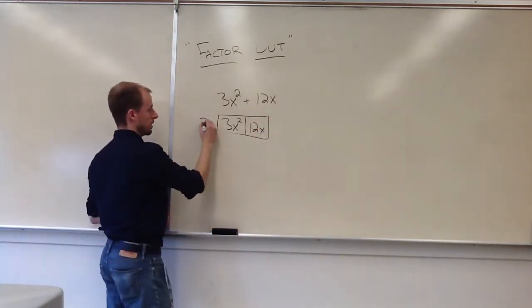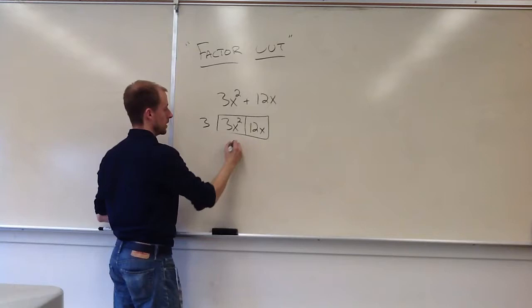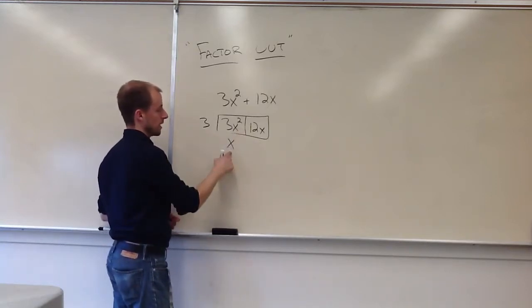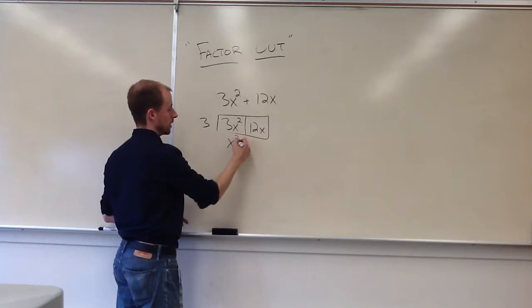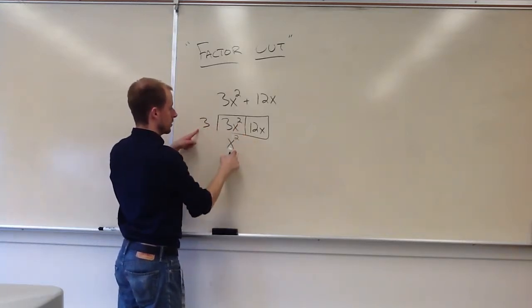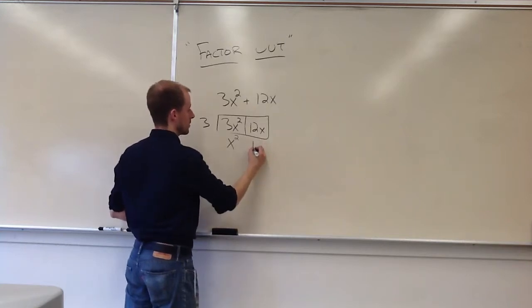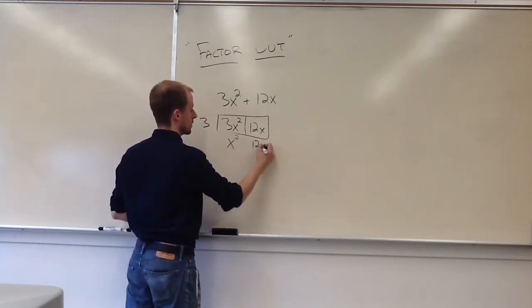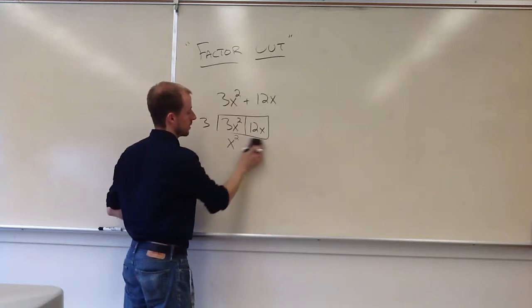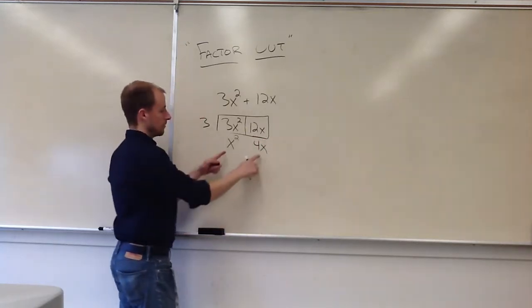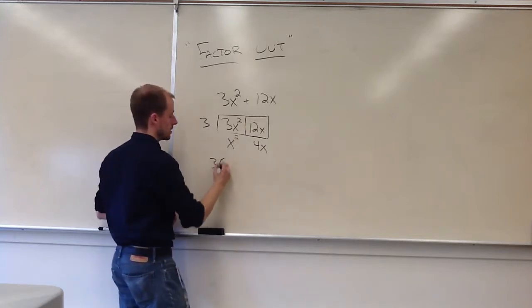I can pull out a 3, and I can put an x here, but x times 3 is not 3x squared, so I need another x. If I put x squared here, this box works, but then I would need a 4x here. Not a 12x, a 4x, I'm sorry. And I've got something down here, like this.